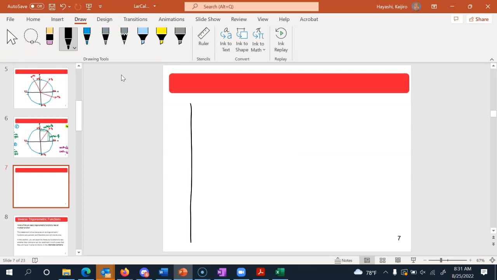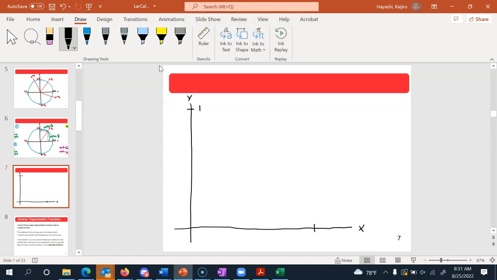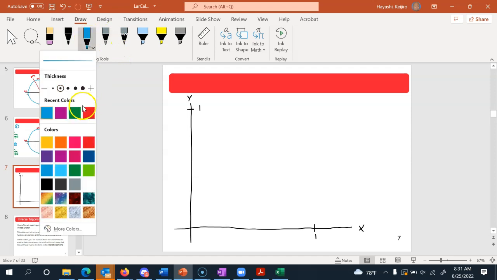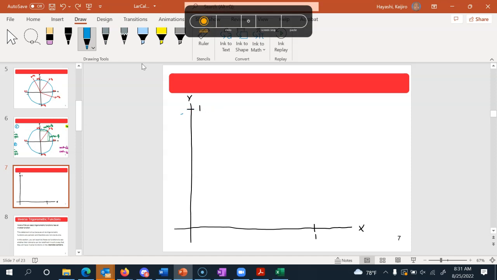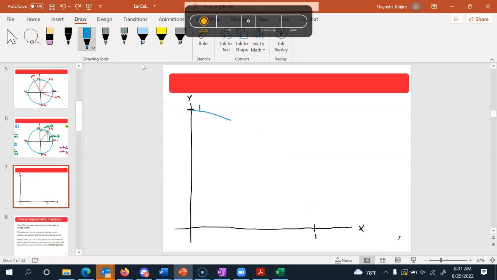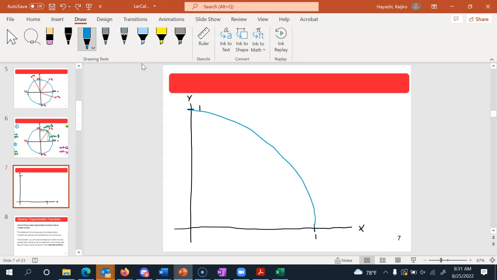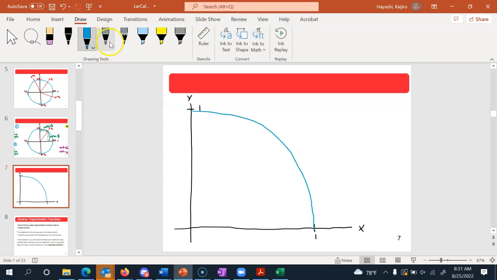Okay, so this is just the first quadrant of the unit circle, where you've got the positive y's and the positive x's. Here's x, here's y, here's 1.